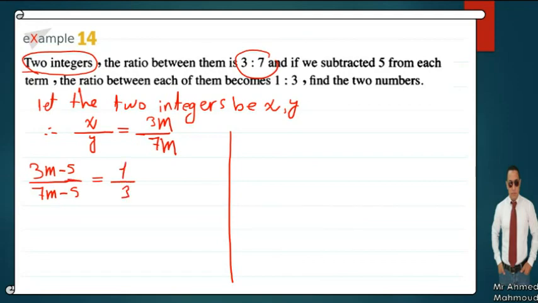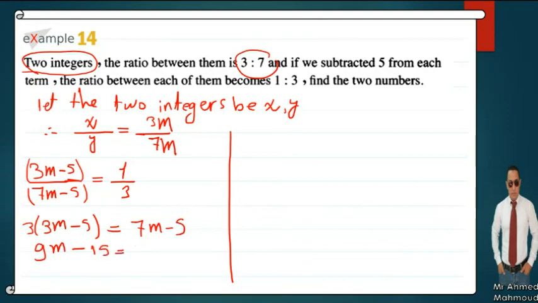Then I will do cross multiplication as usual. Then 3 times (3m minus 5) equals 1 times (7m minus 5). 3 times 3, 9m. 3 times 5, 15. And here 7m minus 5.